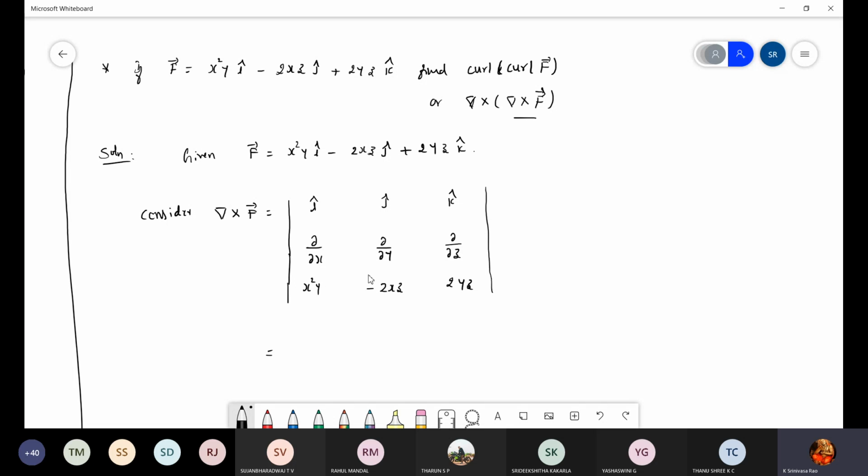I'll write the direct answer, but before that I expect the answer from your side. What is curl f? Two z plus 2x i cap, plus 0 j cap, minus, common, 2z plus x square k cap.